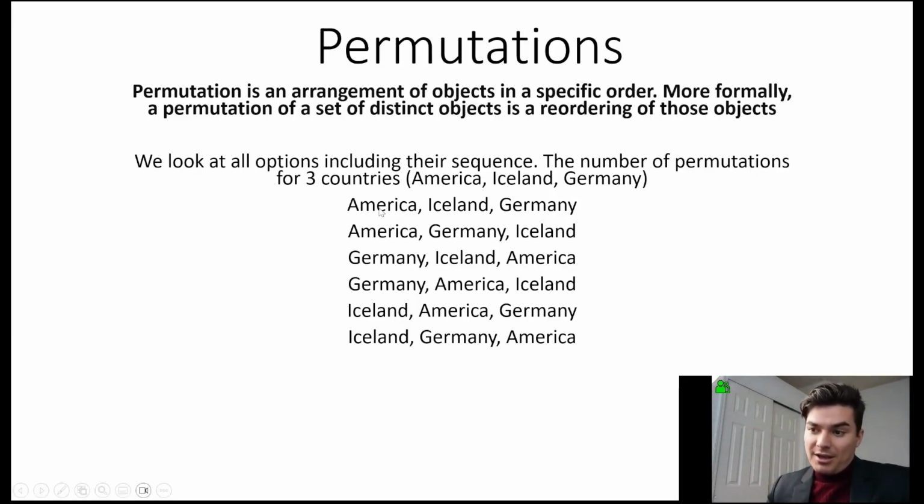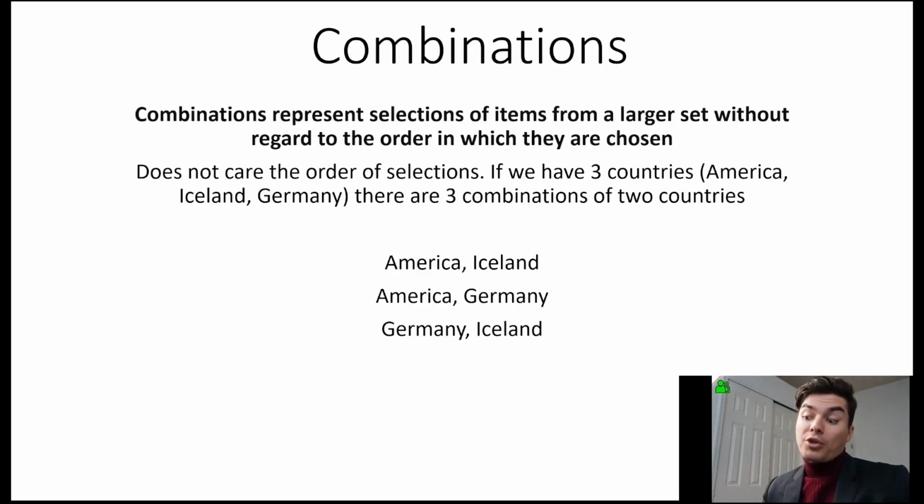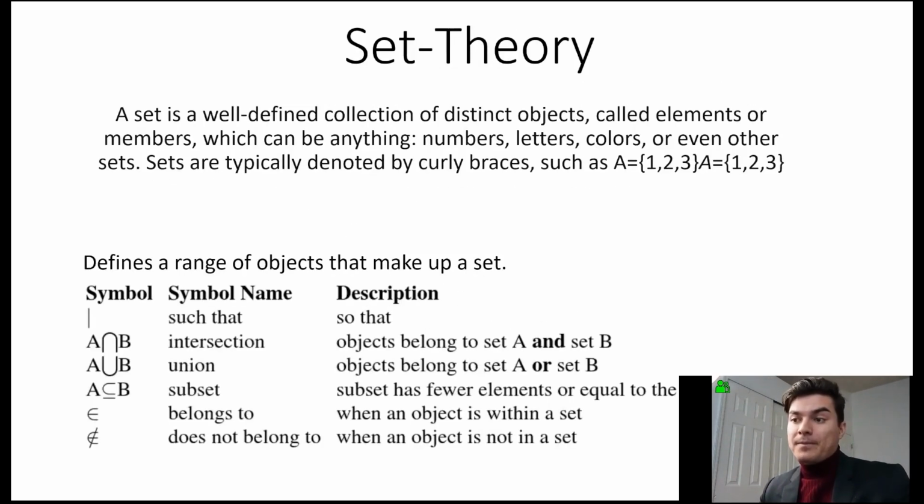I'm not going to read all these off here, but we have America, Iceland, Germany, America, Germany, Iceland, and so on, all the different permutations or arrangements of those objects. While a combination is only selecting a portion of the total amount, or the larger set would be the correct term.